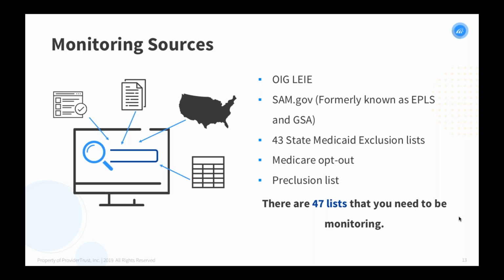There are also 43 state Medicaid exclusion lists. That's 42 states that actually publish a list, along with Washington, D.C. And then we have some other lists that we would consider best practice for monitoring, which include Medicare opt-out, CMS preclusion list, and really various others. So it really just depends on the level of coverage that you want when it comes to your populations. And these are just a few examples of some of those sources.